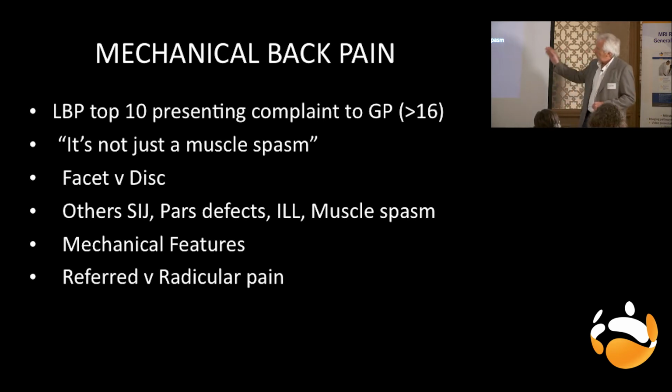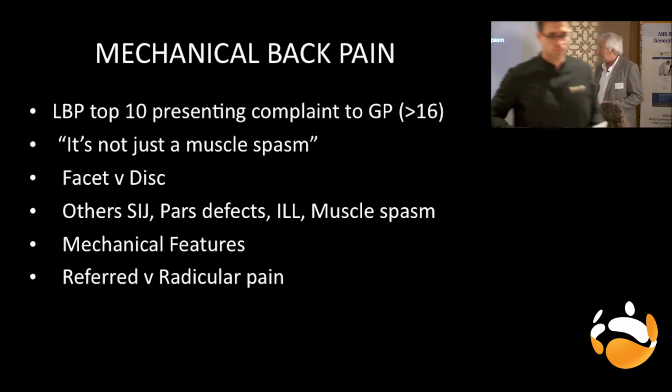So what I'm going to try and do is to show the clinical features, both on history and examination, of facet joint problems, disc problems. We'll go briefly through other things like SIJ, pars defects. We're going to have a quick look at trochanteric bursitis and gluteal tendinopathy, which is a common problem that we see in general practice.